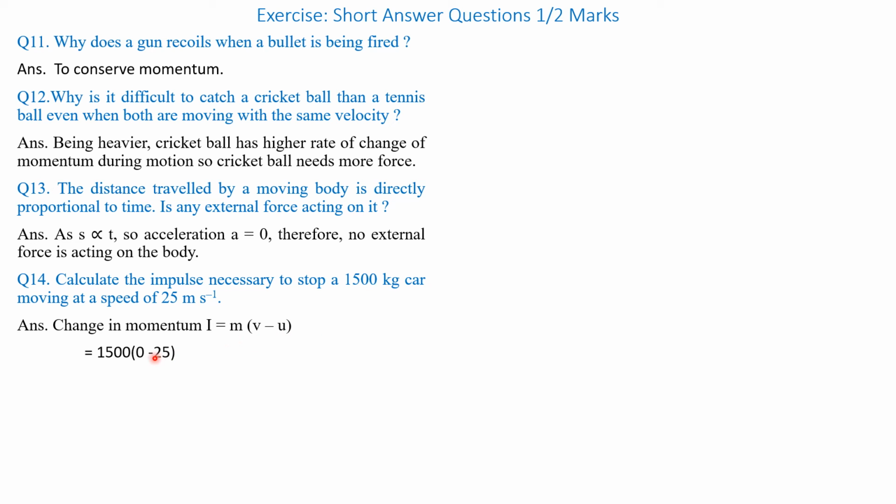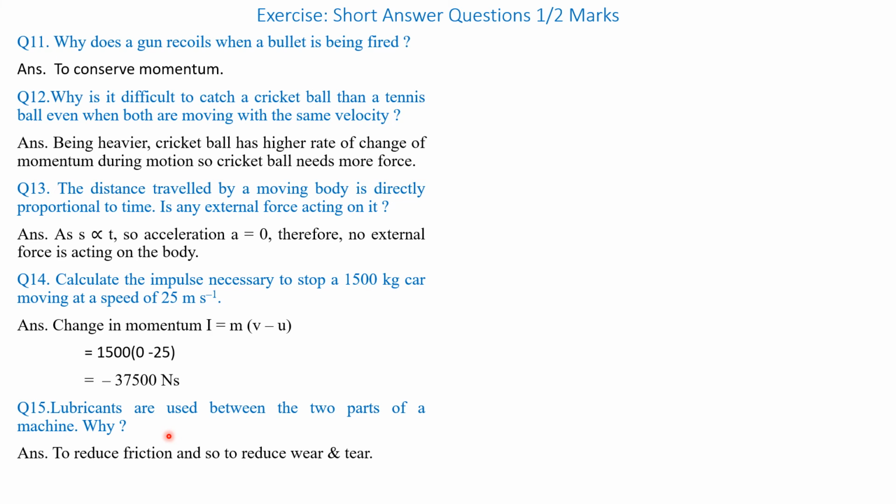Substituting, we get the mass of the car 1500 into (0 minus 25), as the final velocity to stop a car is 0 and the initial velocity is 25 meters per second. Simplifying, we get the answer as minus 37,500 newton seconds.